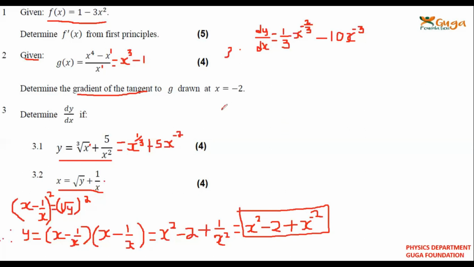So now on number 4, we're going to have dy over dx is equals to, power down here, x to the power 2, it will be 2x to the power 1, 2 minus 1 is 1, okay?